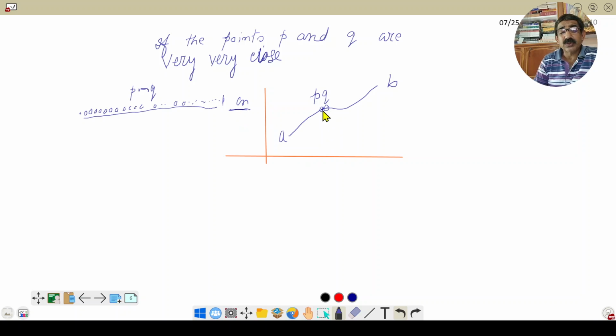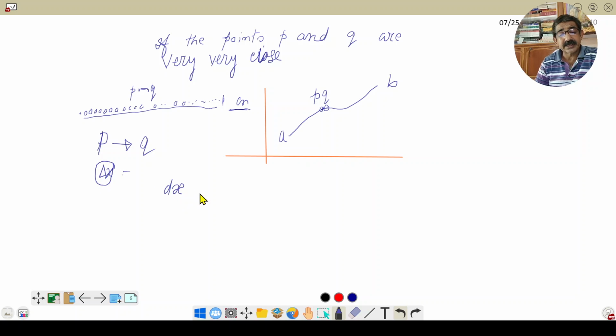So when these two points are too close together, then we can say P tends to Q. That means point P and point Q are very, very close. And then the difference between the two points, delta x, is termed not delta x but dx.